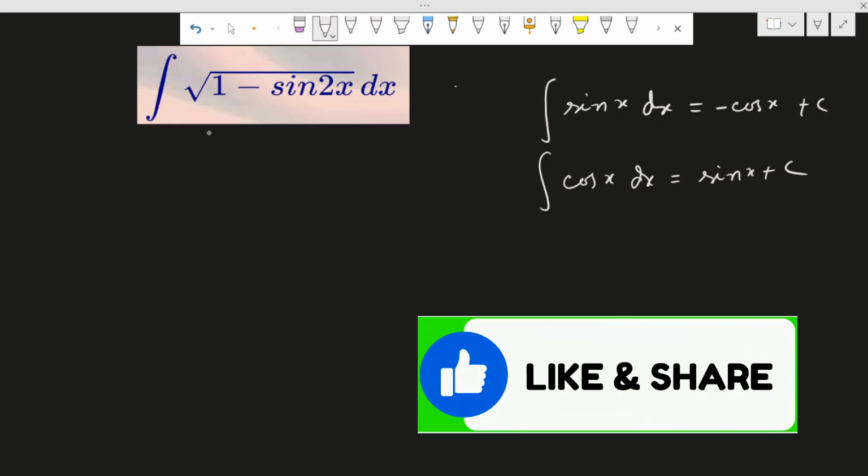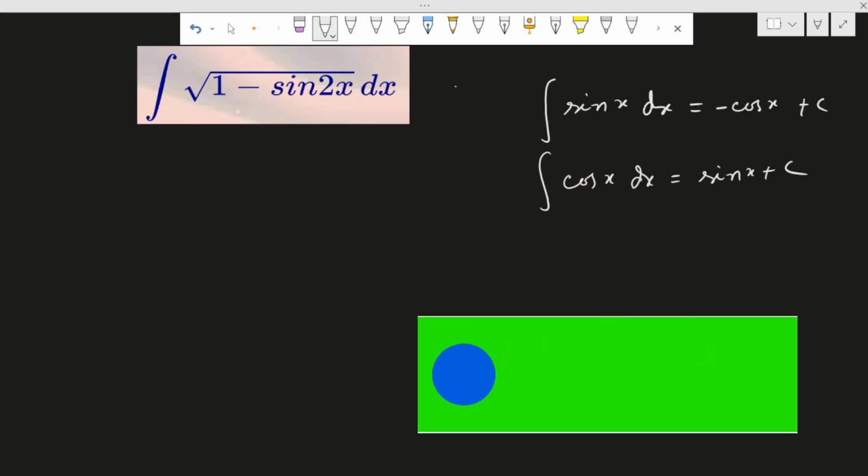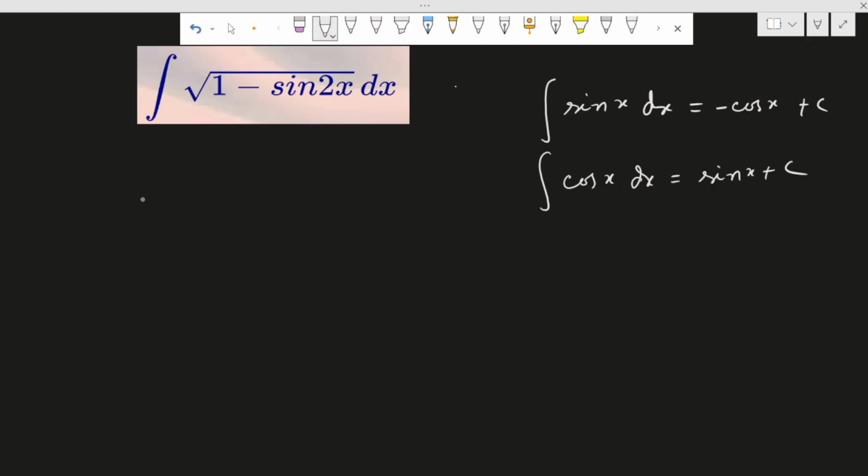So we have to remove the square root. To do this, we should make this 1 minus sin 2x a perfect square. How to do this? Let us try. Minus sin 2x. Now see, for sin 2x there is a formula: sin 2x is equal to 2 sin x cos x.